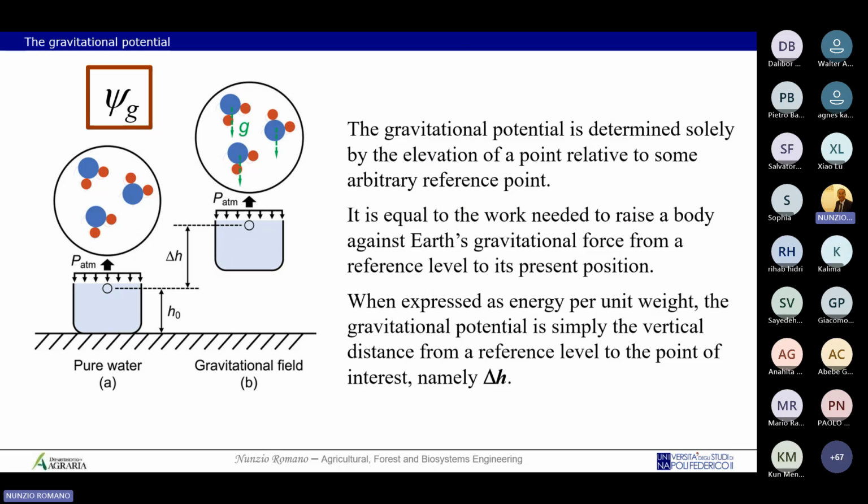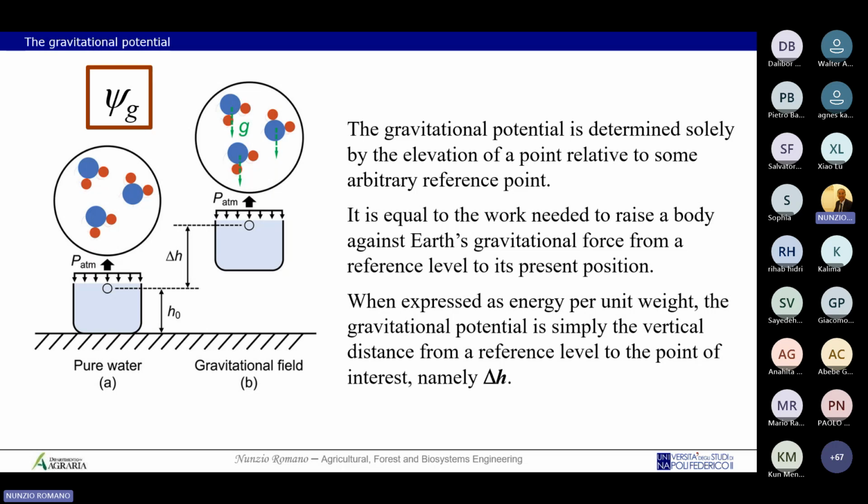Let's go a little bit into more detail with the gravitational potential. So this potential is caused only by the difference in elevation of your molecule with respect to the reference point. And from the physical point of view, this gravitational potential is equivalent to a work that the molecule can do to move, in this case, from the upper location to the lower location.